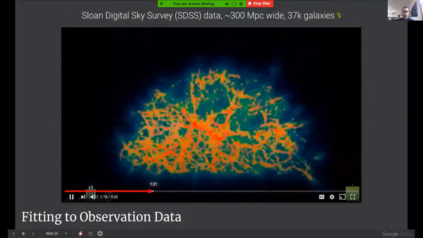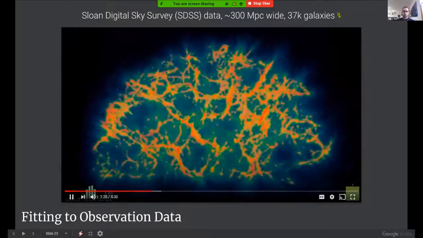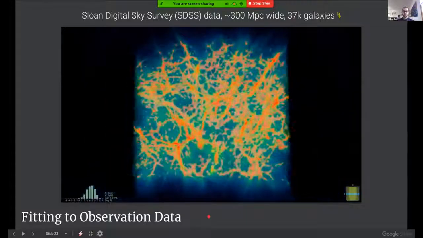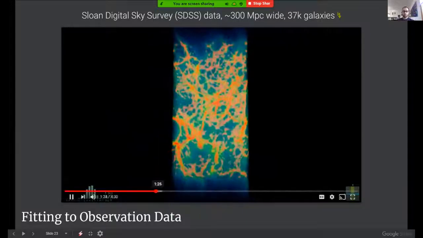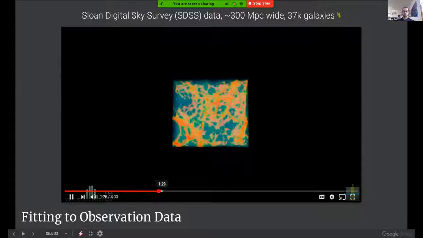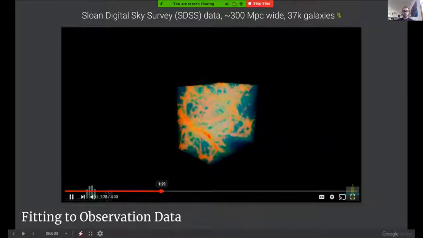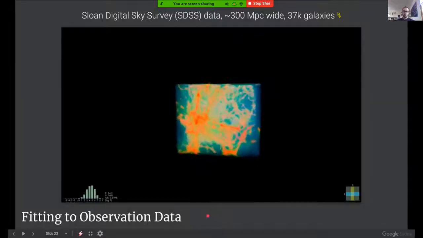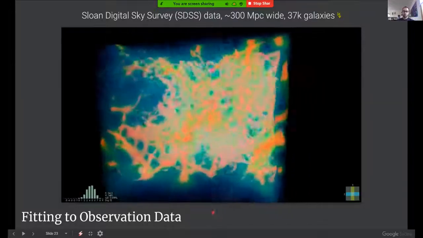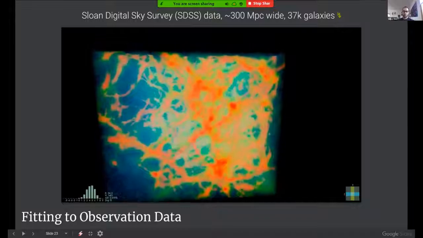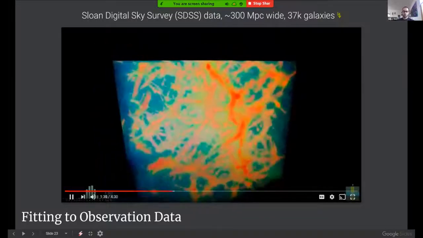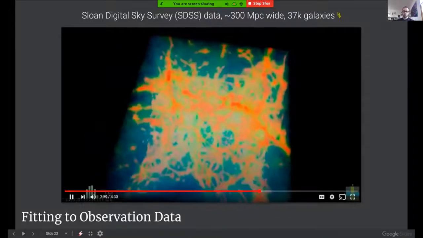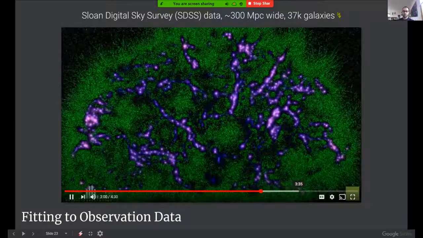This is a very long video, so I could be playing it for a while, but here are some insights into this structure. We can slice it in 3D space in various ways, look at the structures, and then export them for subsequent rigorous analysis on the astronomical side of things.